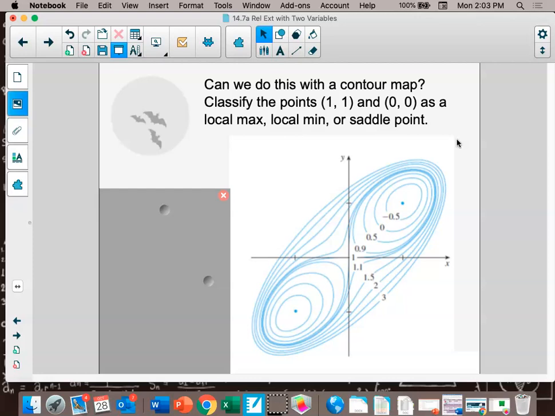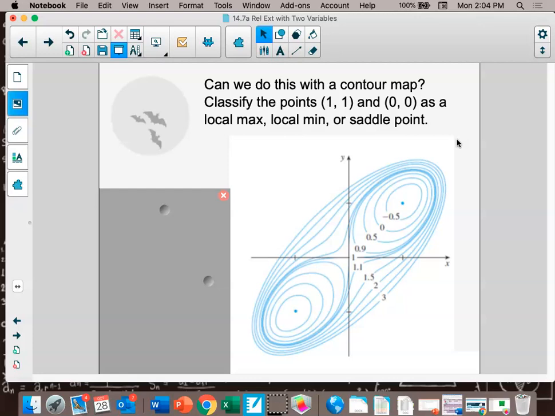Because if you come from any direction, it's getting smaller. Yeah, so if you look at how the level curves are labeled, they're decreasing as you move in. Assuming the trend continues, this is going to be the lowest point inside of this level curve right there. So it's a min.